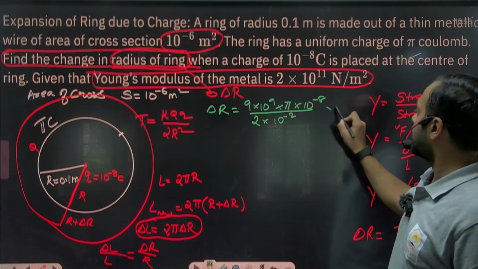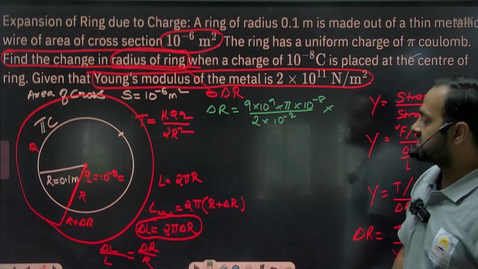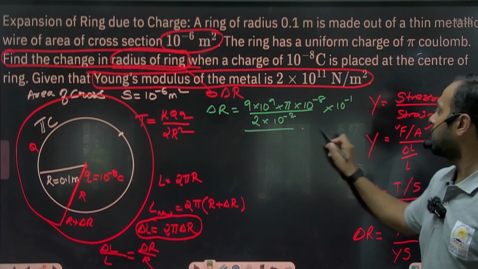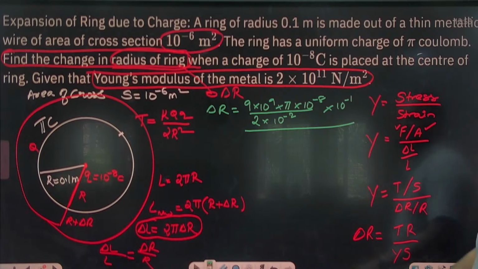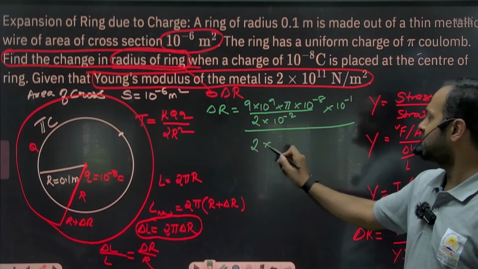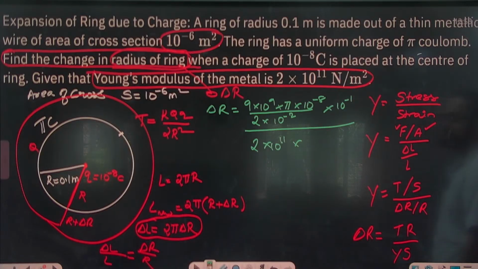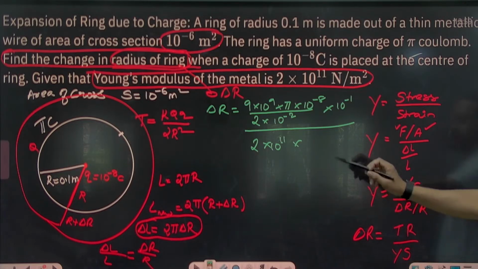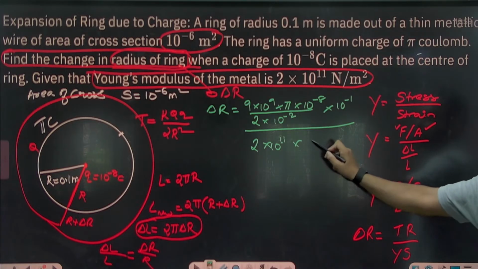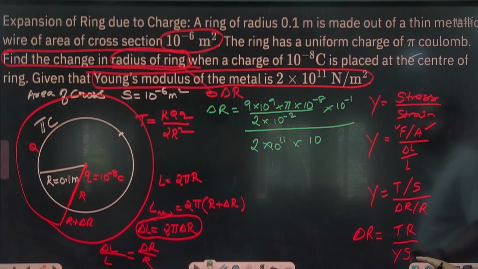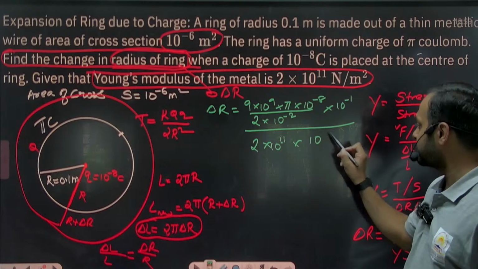Then T into R, where R is 10 power minus 1, divided by Y into S. Y is given as 2 into 10 power 11, multiplied by S. The cross section area is given as 10 power minus 6.